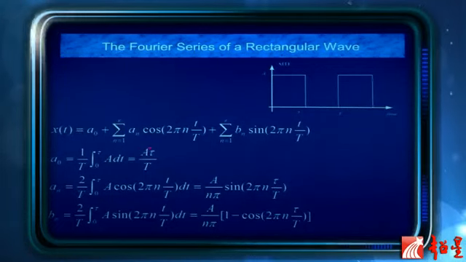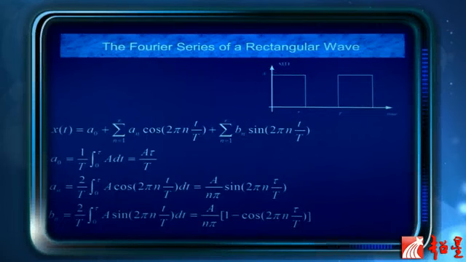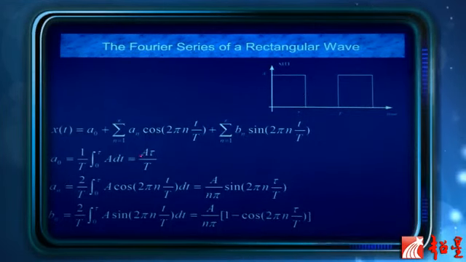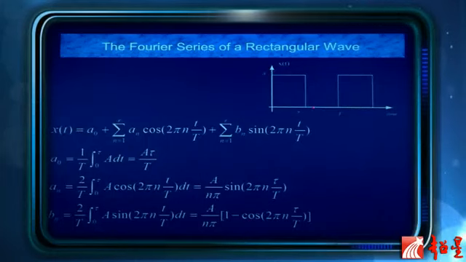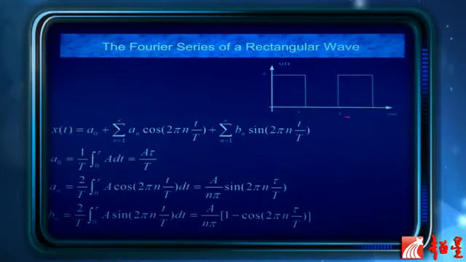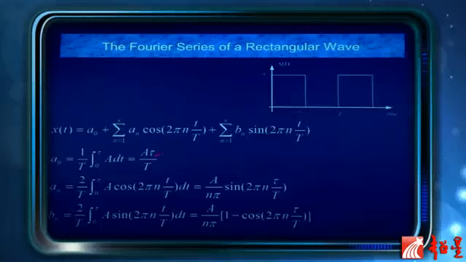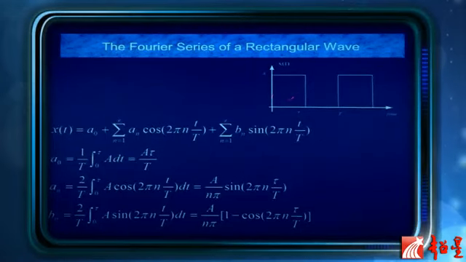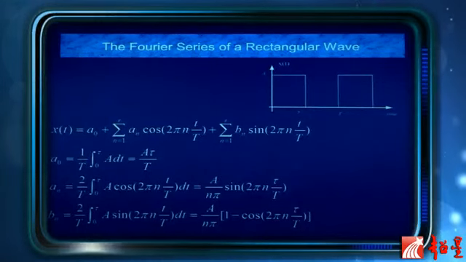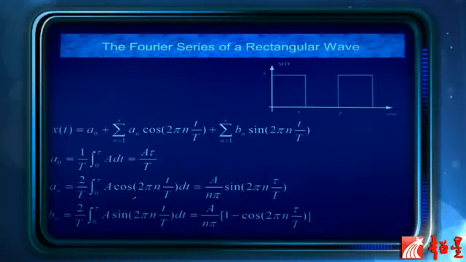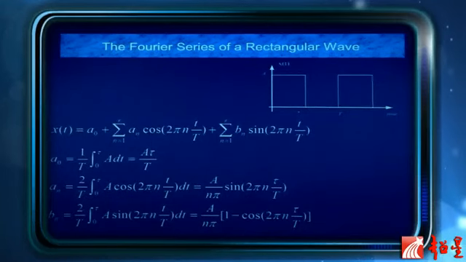You notice that this is basically the average of this area, right? A is amplitude, tau is the pulse width, T is the period. So A times tau is the area of this pulse. You divide it by T, so you basically have a DC average. Okay, so this is DC, and then each of these is one harmonic of this signal.